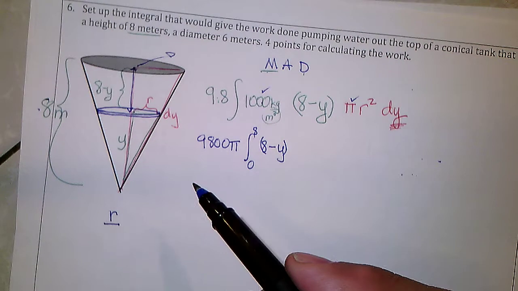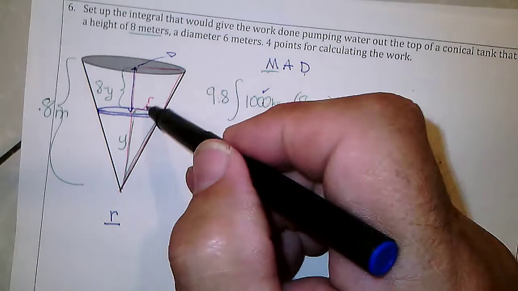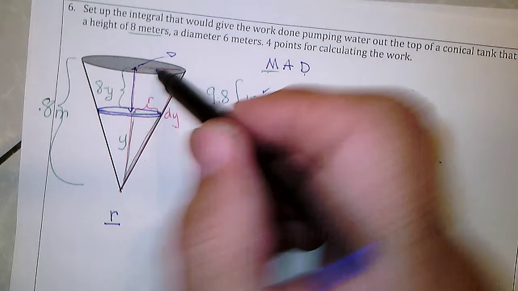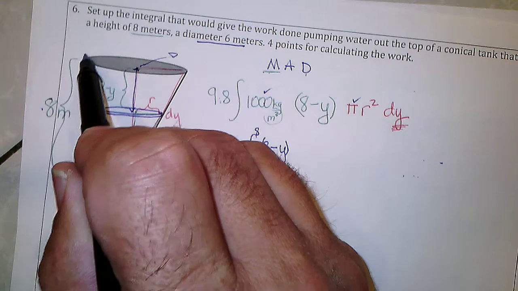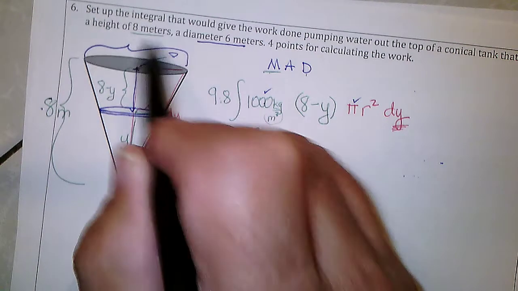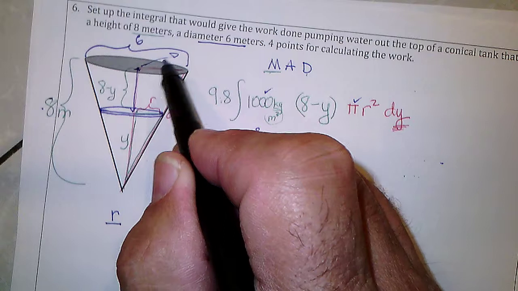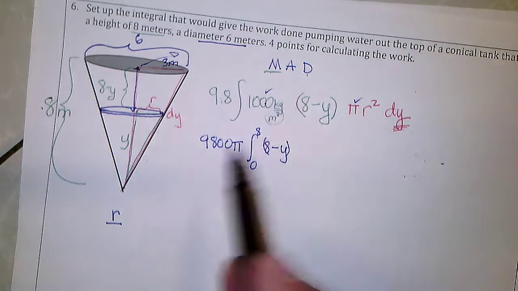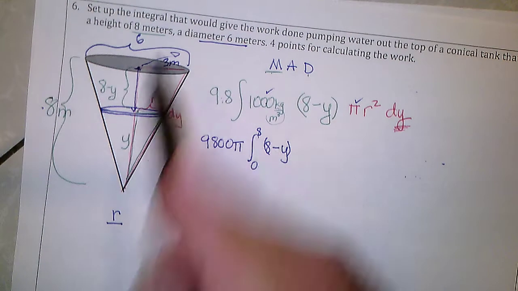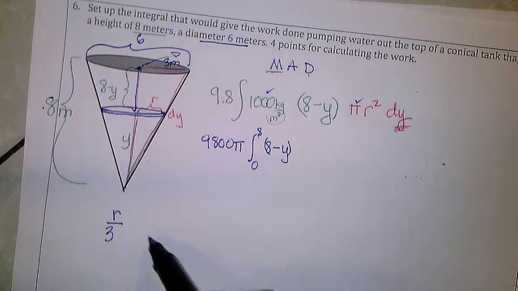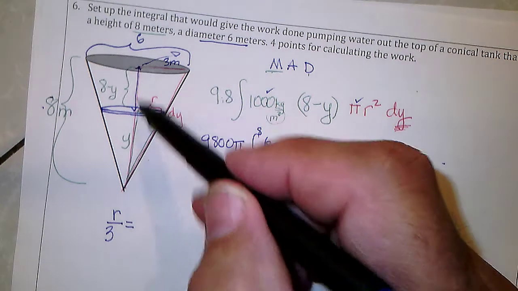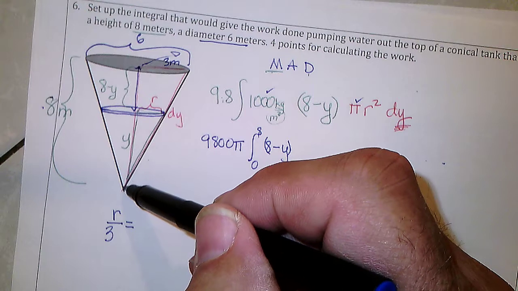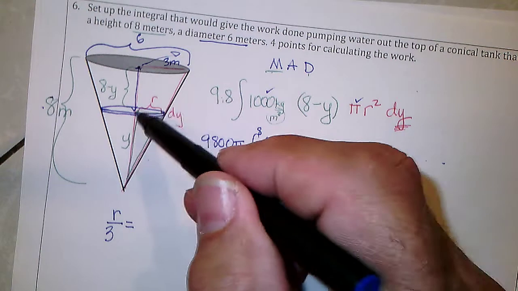So I'm going to start my ratio with r. R is to, well, let's go to the red triangle up here. See, the diameter is 6. All the way across is 6. So this is 3 meters. So the radius to 3 meters is equal to, on the triangle, the height of the green, because the red was off of this.